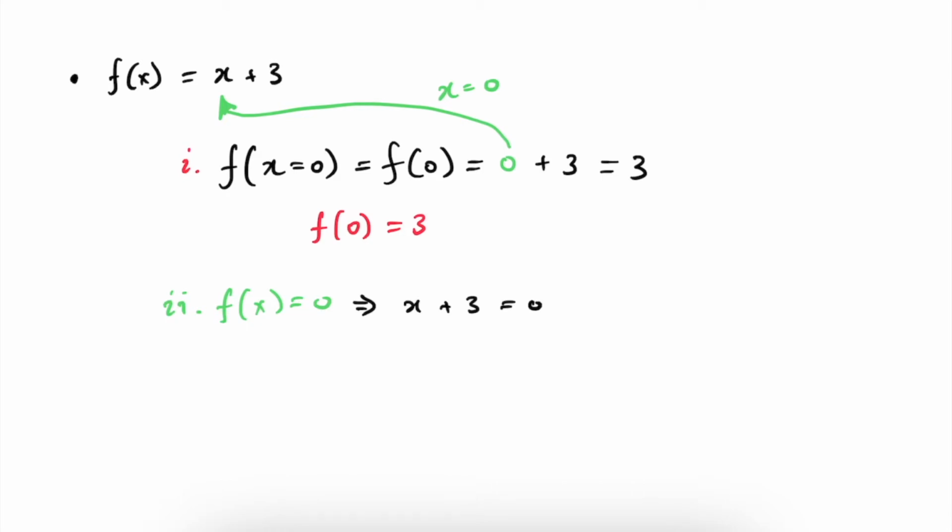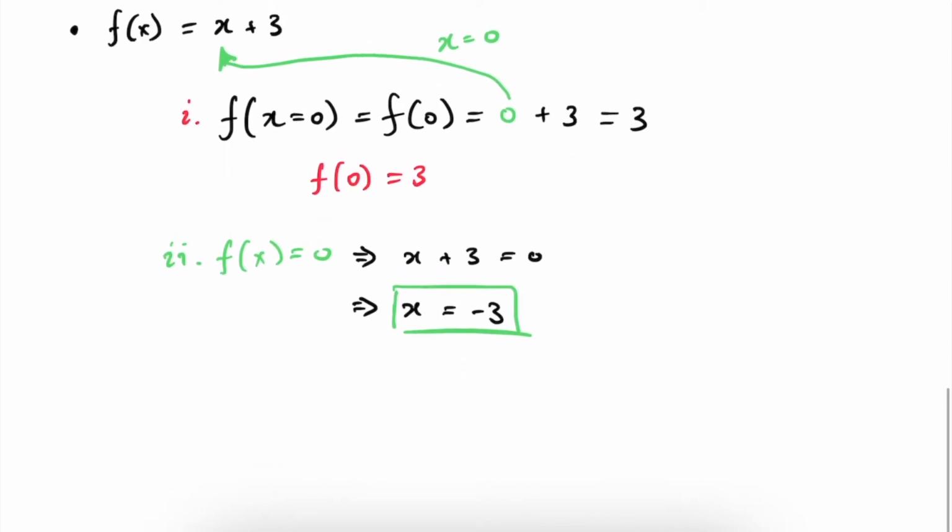And this is exactly the type of equations that we solved in the previous video, step by step. In this case, x will be equal to minus 3. And again, if this is not entirely clear, I recommend watching the previous video where I go through exactly these exercises step by step. So we got our second point.